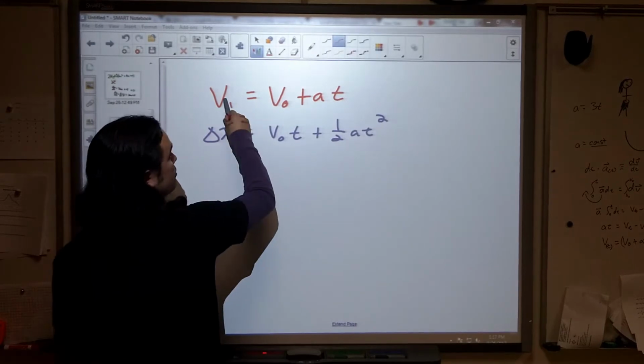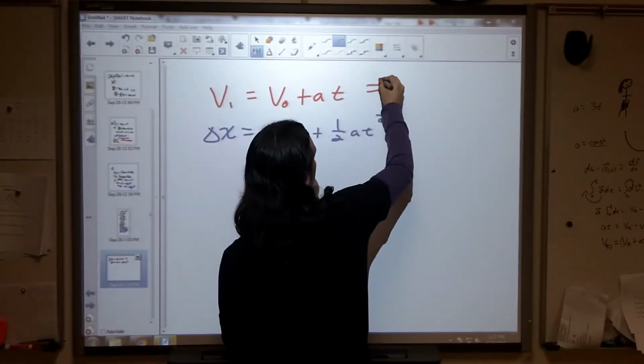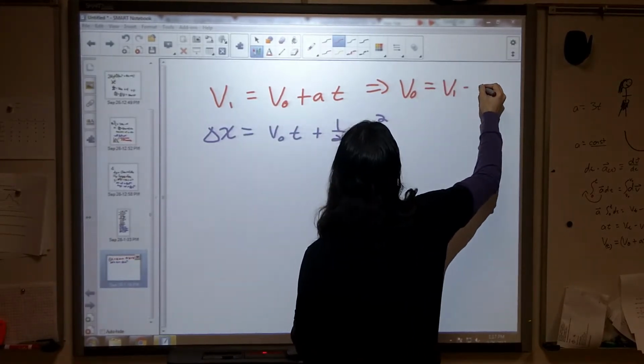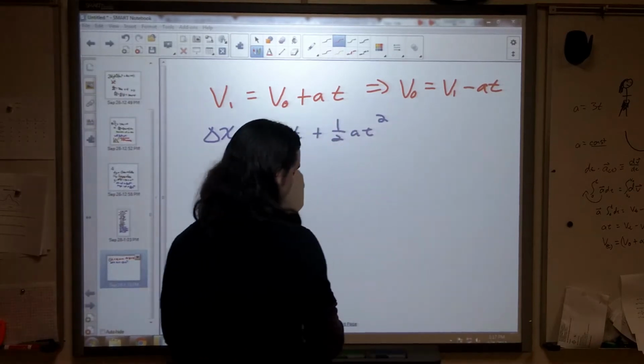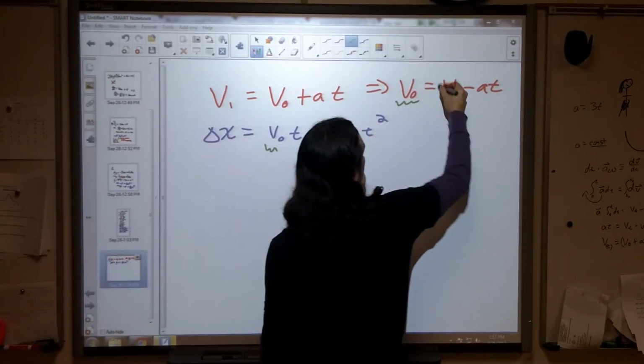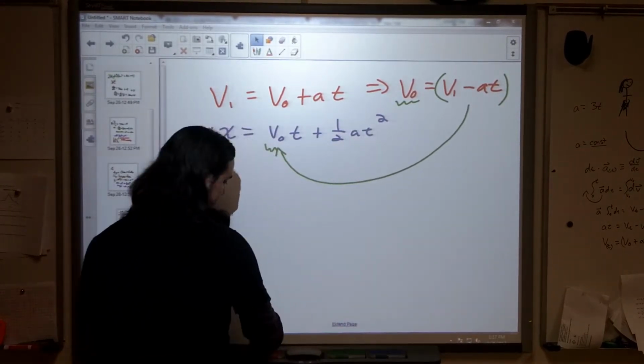I'm going to move this one around where I solve it so that I get the following. Double check this at home, but v naught will be equal to v final minus at. Well, if this is v naught, I can plug that right in there, and I get the following.